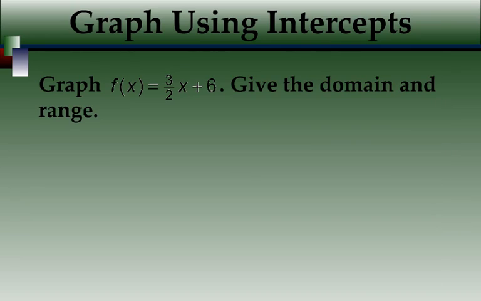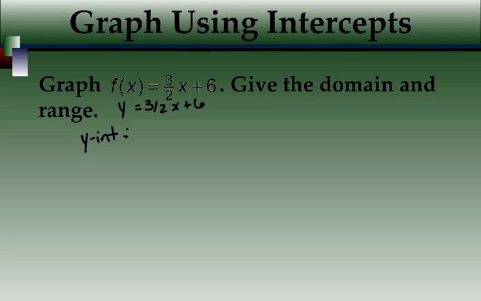Alright, so here we have an equation and we're asked to graph this and then give the domain and range. But before we graph this, what we're going to do is find the x and y intercepts. So remember, for the y-intercept, I'm going to replace f of x with a y and then write out my equation like that.